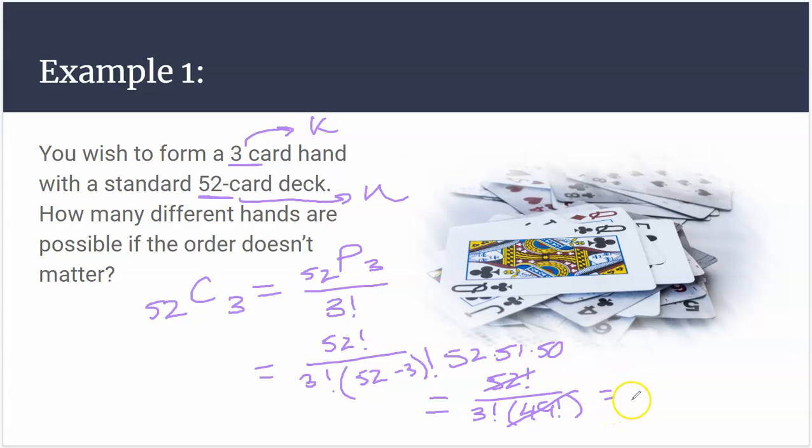So let's take a look here. 52 times 51 times 50 over 6. And the result is about 22,100 different hands. So that's a lot smaller than the presumed permutation version of it, which would have a lot more arrangements. But this cuts out all the duplicate hands.